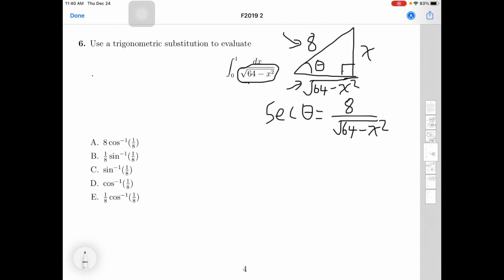And from there we can set up the substitution. So we can see that secant theta over 8 will equal 1 over the root of 64 minus x squared.